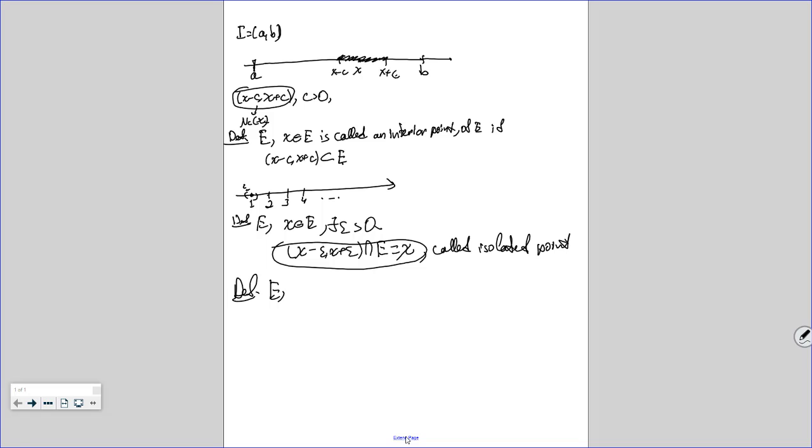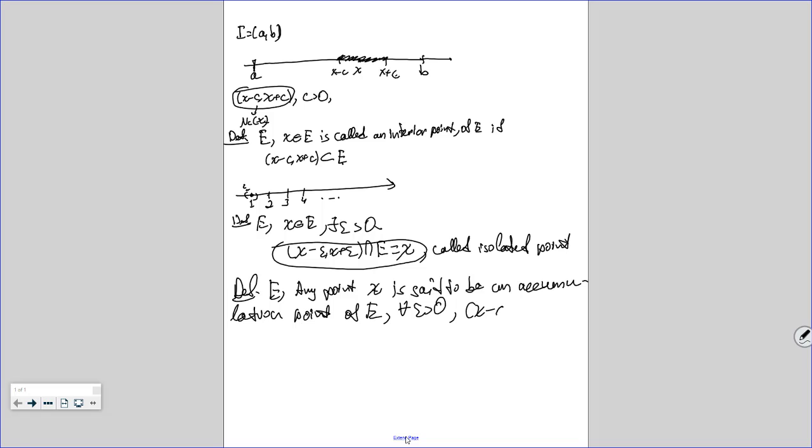We define, if we again have a set E, any point x to be an accumulation point of E if for all epsilon greater than 0, the intersection of the epsilon neighborhood of x and E contains infinitely many points.